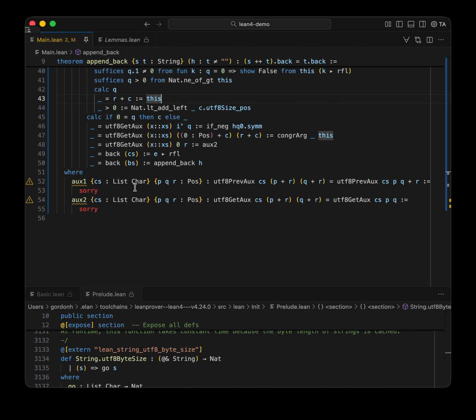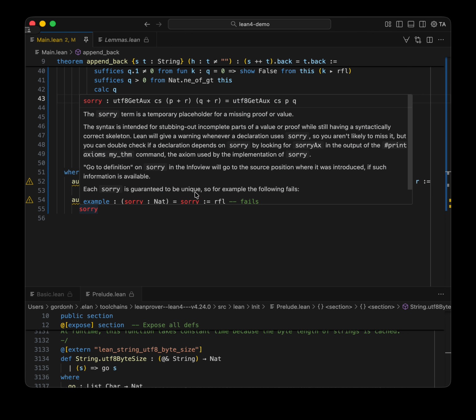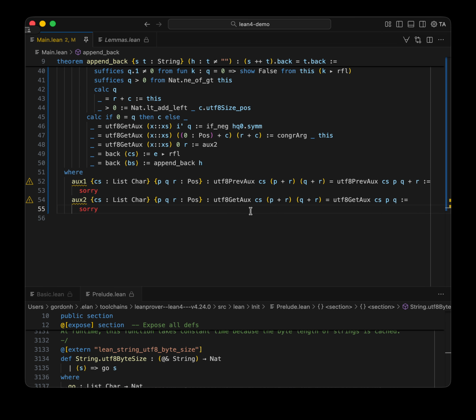Great. Now comes the two auxiliary theorems. And let's start with the second one. Reason by induction. Okay, let's use a special syntax for this. Okay, for the case that it's empty.